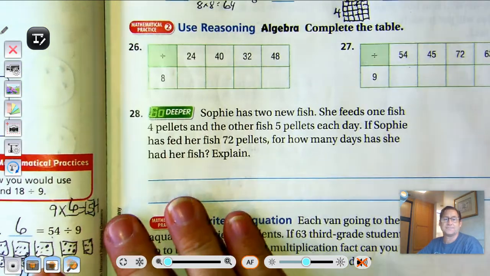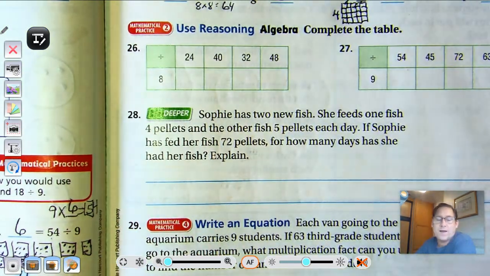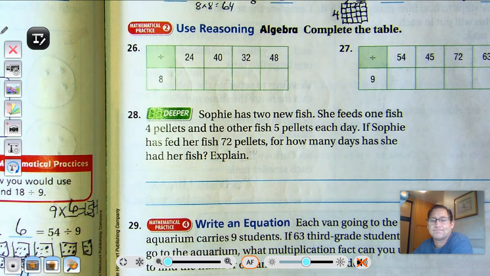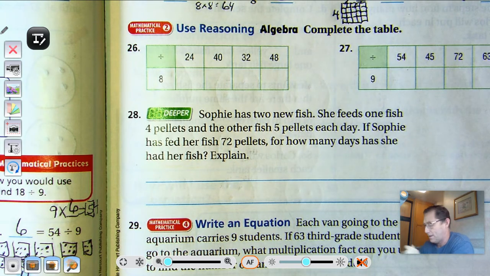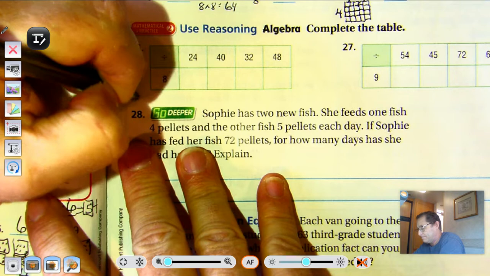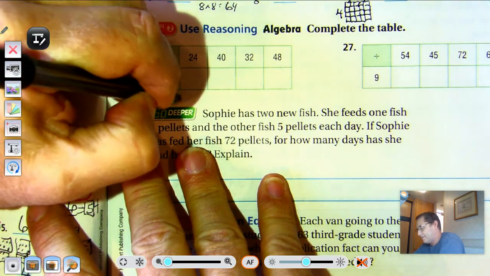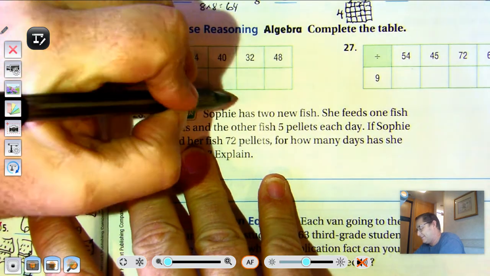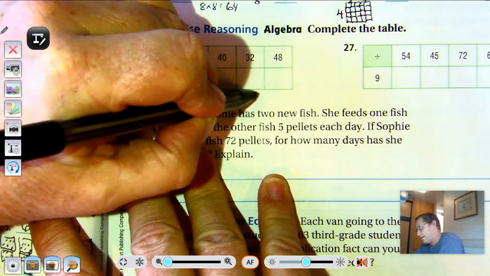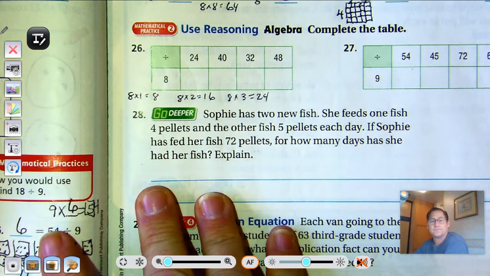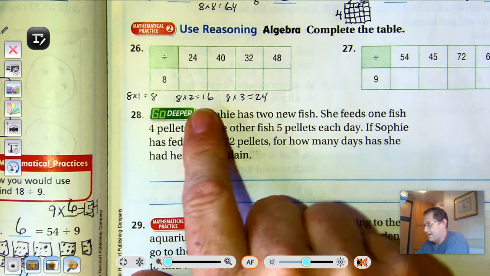All right, 26. 24 divided by 8 is what? Well, 8 times 1 is 8. 8 times 2 is 16. 8 times 3 is 24. Okay, because we're just adding 8 each time.